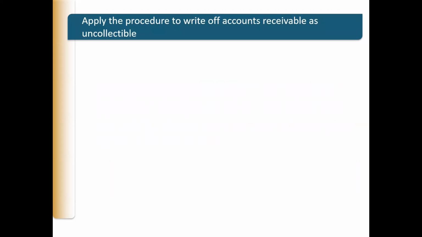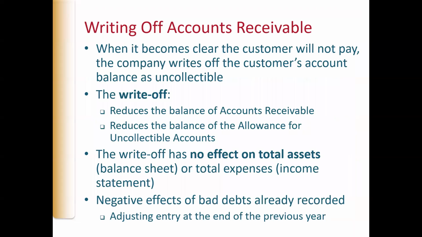So let's talk in more detail about how to write off accounts receivable as uncollectible. When it's obvious the customer is not going to pay, the company writes off the customer's account balance as uncollectible. When we do this, the write-off reduces the balance of accounts receivable, and it reduces the balance of the allowance for the uncollectible amounts.